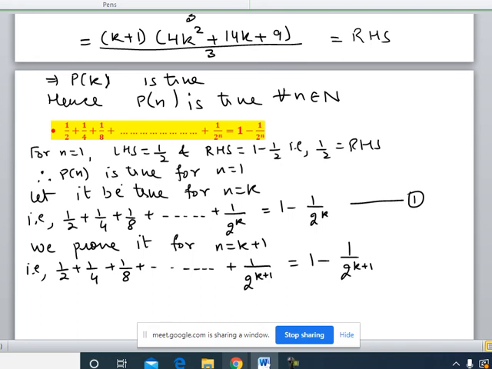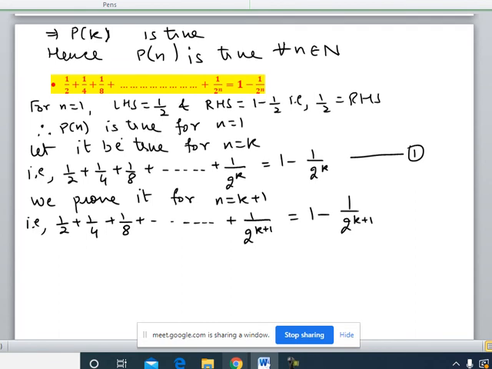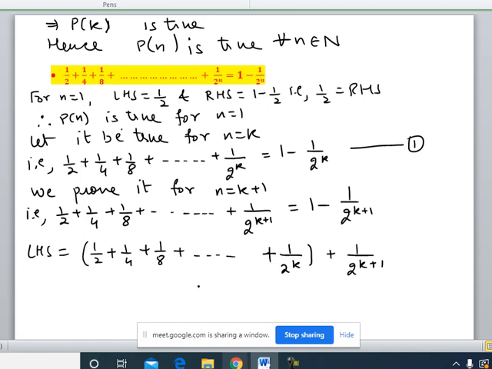So let us solve the left hand side and see if we can get the expression on the right. Okay, writing for the left hand side, it is 1 by 2 plus 1 by 4 plus 1 by 8 and so on. The last term is 1 over 2 to the power k plus 1 and a term just before it will be 1 over 2 to the power k. Fine.